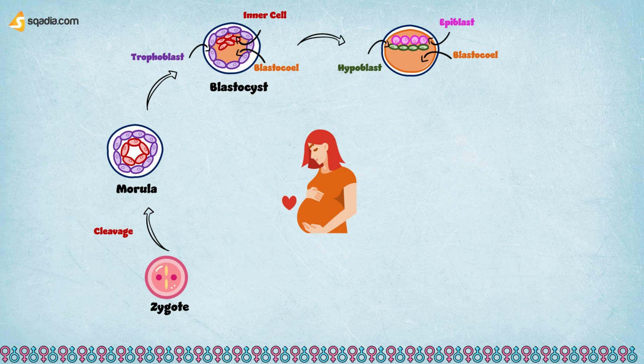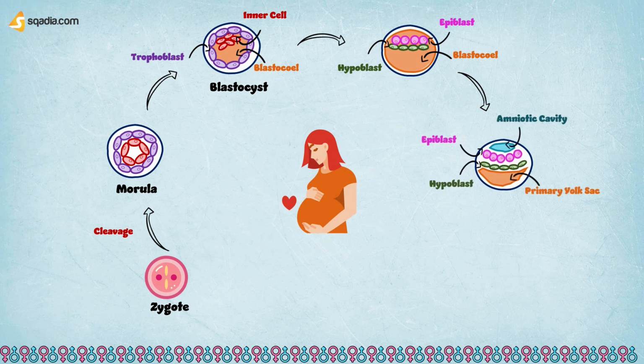And this disc is what splits the sphere to make two cavities, like two balloons, which are the primary yolk sac and the amniotic cavity. In step 5, during gastrulation, the three germ layers are formed, which are endoderm, ectoderm, and mesoderm.